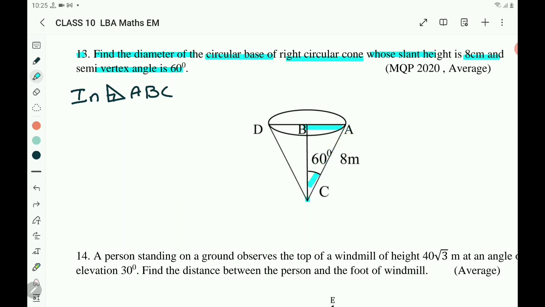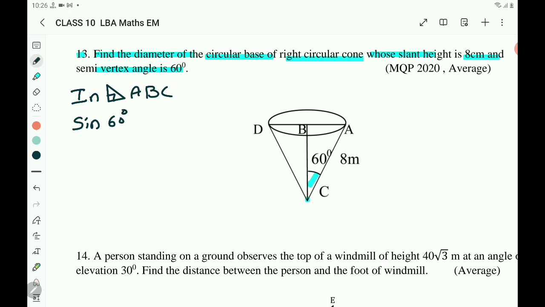Here AB is the side opposite to this angle C, which is 60 degree, and AC is the hypotenuse. Which trigonometric ratio is having opposite side by hypotenuse? That is sine. So you take sine 60 degree.